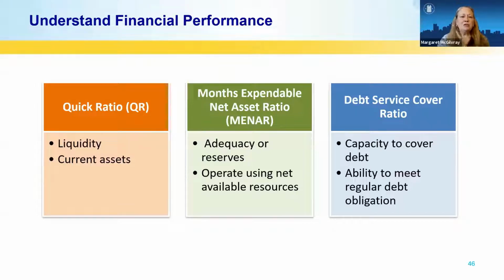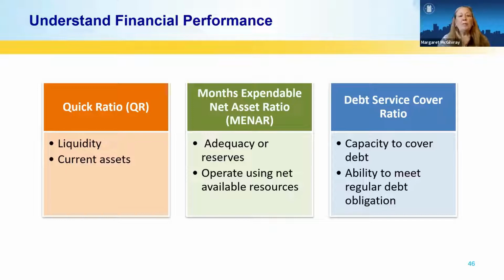And this has a lot to do with how your housing authority is doing for budget to actuals. Is it in the black? Is it in the red? Are you meeting your budget or continuously exceeding it? That will have an effect on that quick ratio.